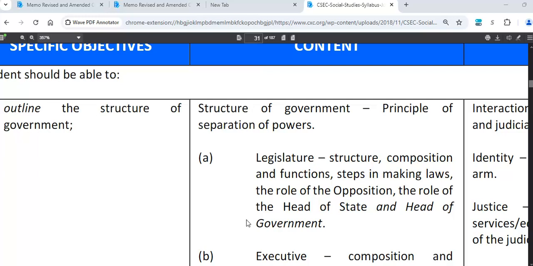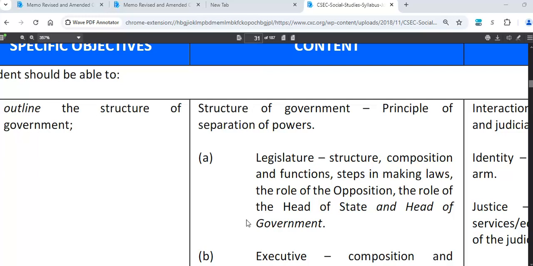So if you get a question asking you what are some of the functions of the opposition in Parliament, you can talk about members of the opposition being included when a bill goes to the committee stage for critical review. So remember, we were talking about the steps in making laws. The opposition is also critically involved in that process.